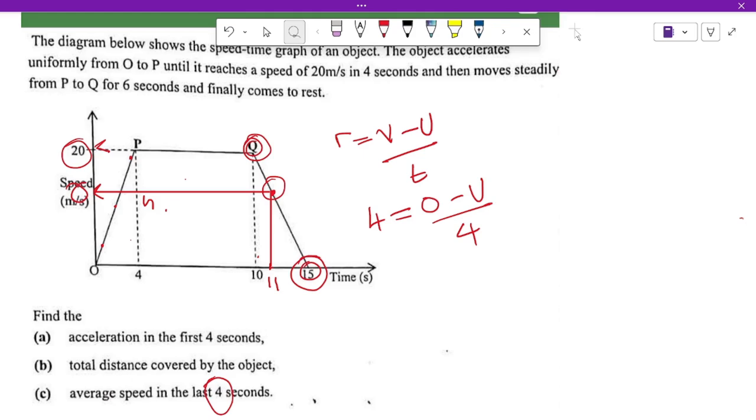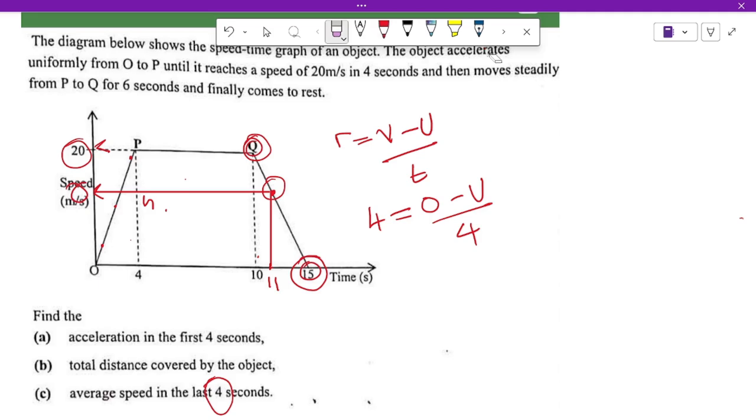When you say acceleration, it is v minus u over time. Retardation is u minus v over time. The idea is for you not to end up with a negative value. This one will give you a negative answer, and that will tell you this is not acceleration, this is deceleration. The negative will tell you this is deceleration.